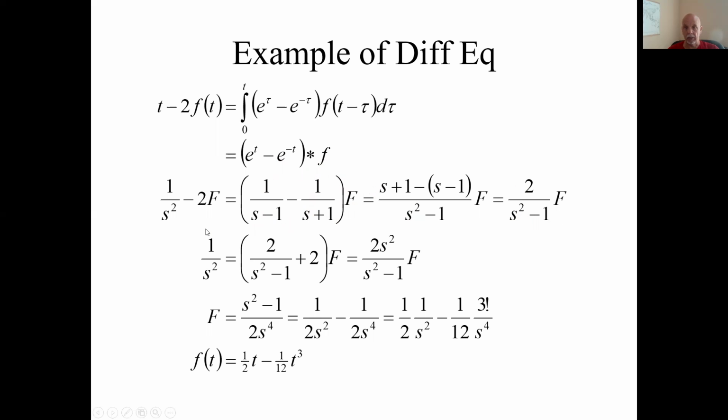Now I can get all the F stuff on the same side. I'll have a 1 over s squared on the left. This part on the right plus that 2, that all over the same. Simplify it or get it in one quotient. And I can now solve for this F. This F equals s squared minus 1 over s squared, well, 2s to the 4th.